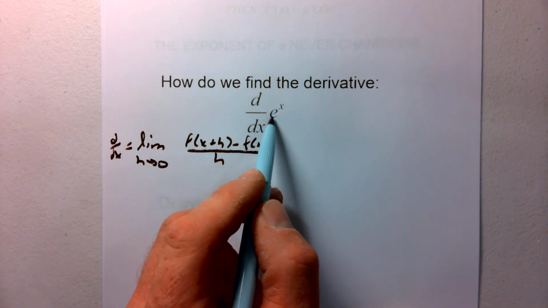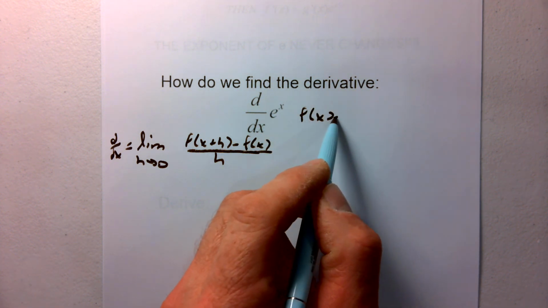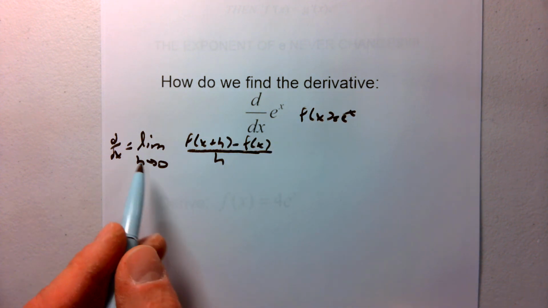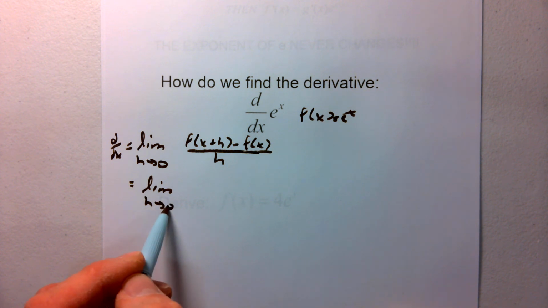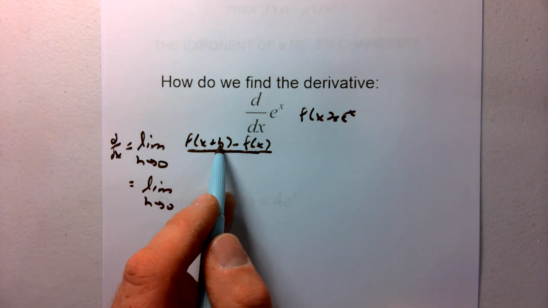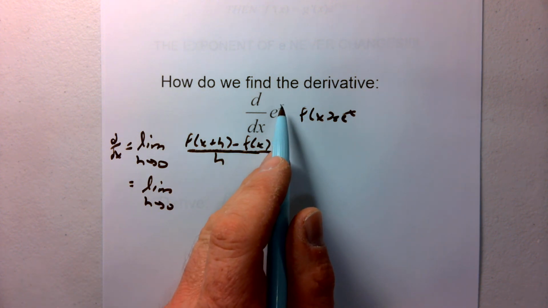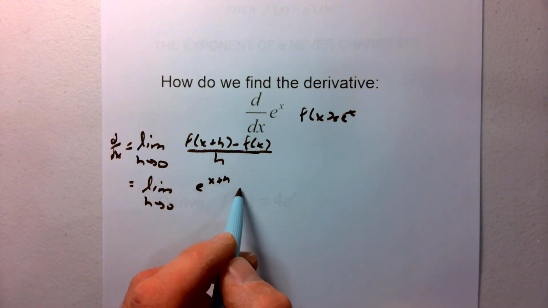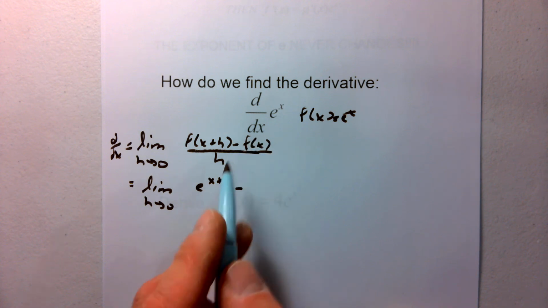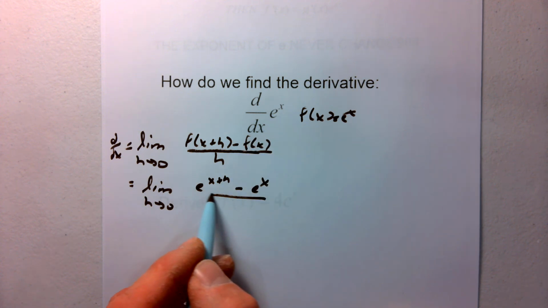So if we're given f of x equals e to the x, then the derivative is equal to the limit as h goes to 0 of f of x plus h. We take that x out and plug in x plus h in its place, and we get e to the x plus h minus the function, which is e to the x, all over h.